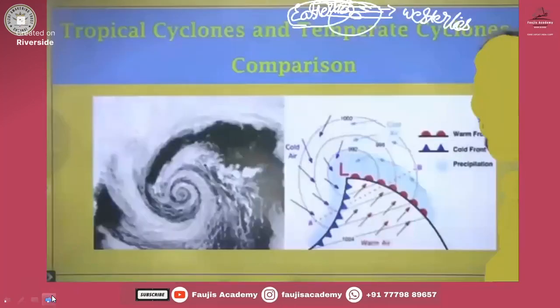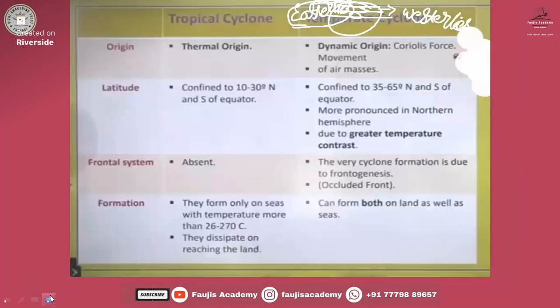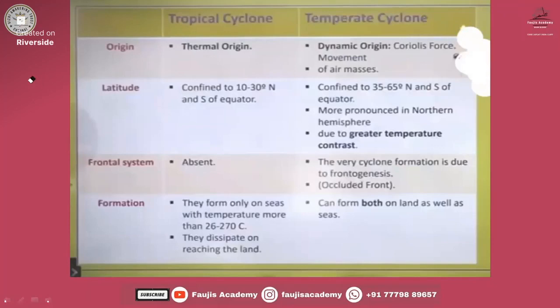So now see, the differences between the temperate cyclone and tropical cyclones are mentioned in this. So see here, origin. The tropical cyclone occurs because of thermal origin. What is thermal origin? When we have insolation, because of that the water is heating and it becomes low pressure, and from all other sides we have high pressure. Because of that we have the front going up.